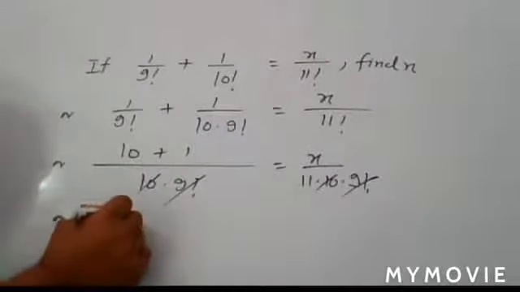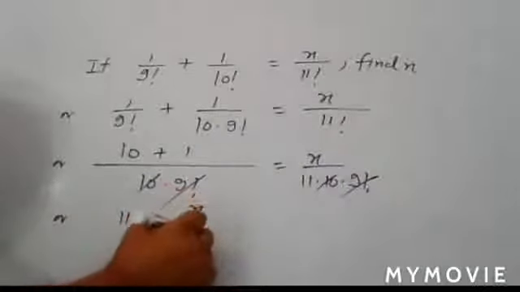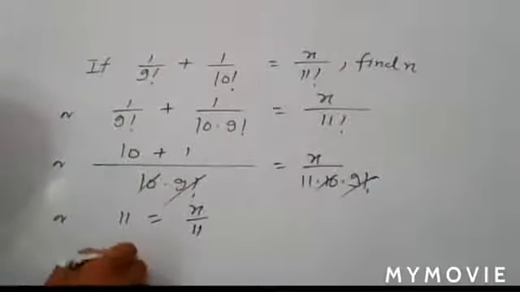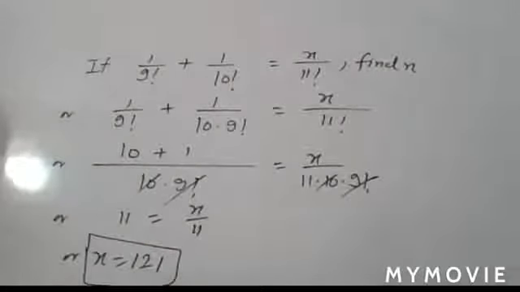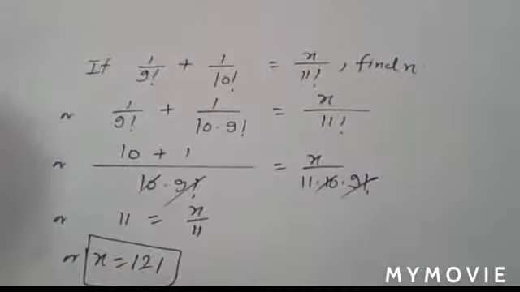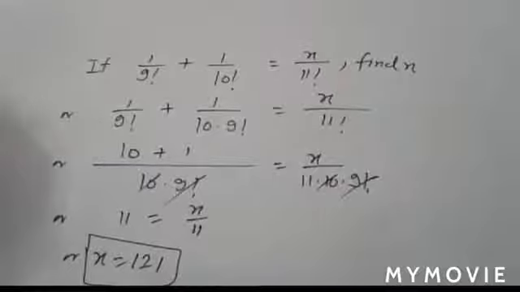So here you have 11 is equal to x upon 11. So the value of x is equal to 121. In this way you can take the LCM and find the value of an unknown quantity.